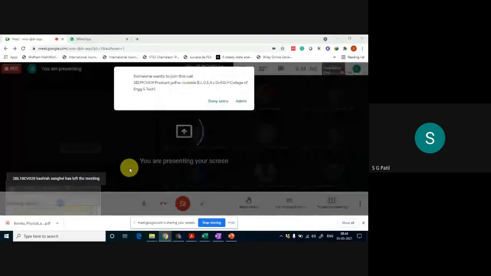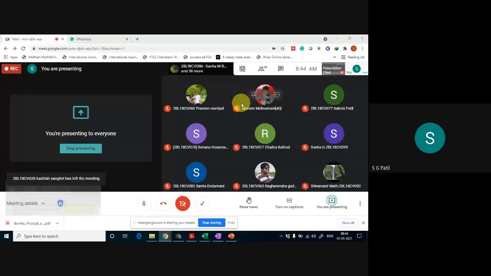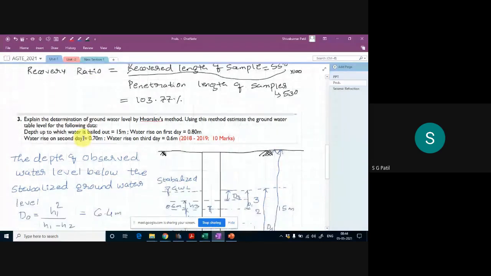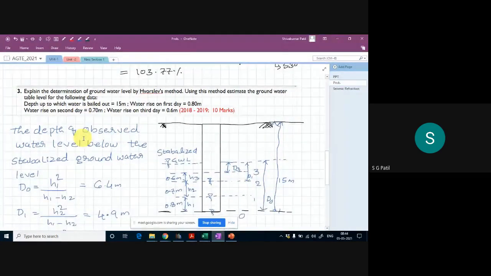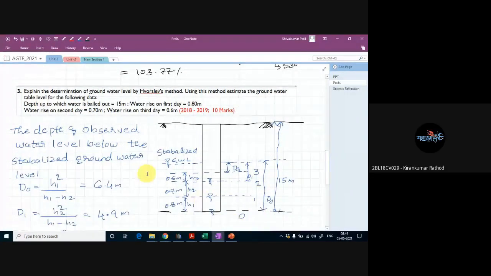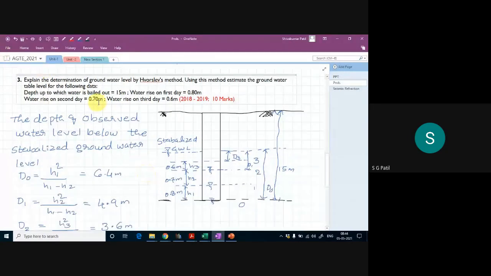Screen share. Okay. So now, at least now, can you see the screen? Yes, sir.